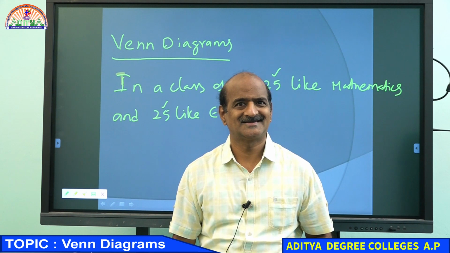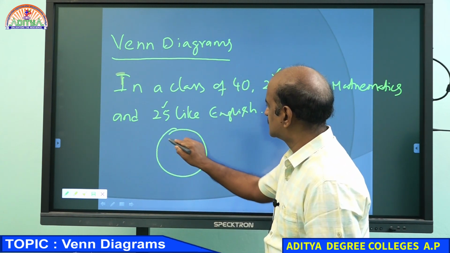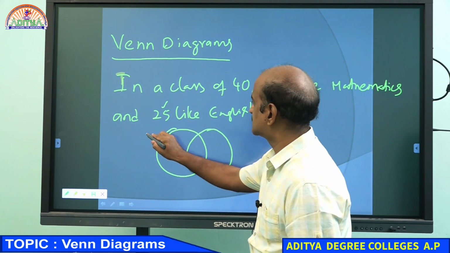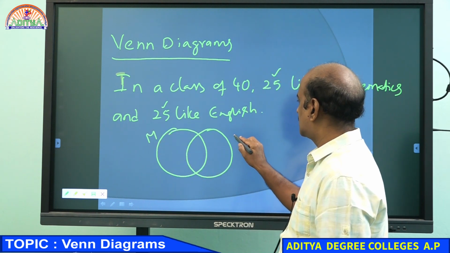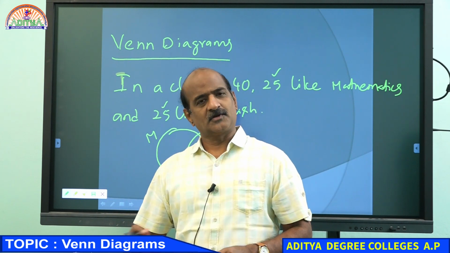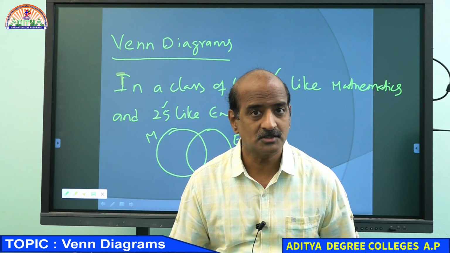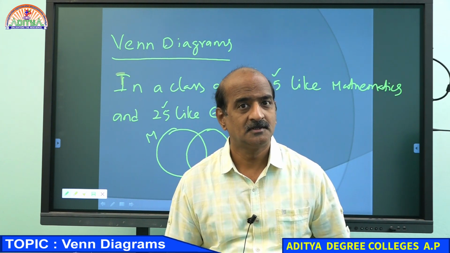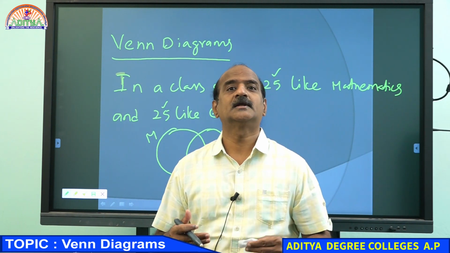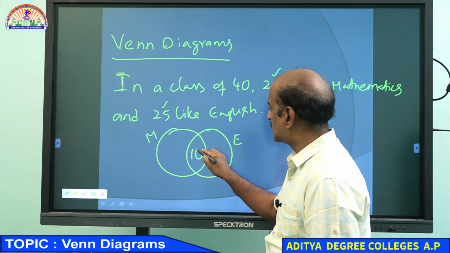I hope you understand this, students. In such a scenario, we make use of logical Venn diagrams. This is the set of people who like mathematics and this is the set of people who like English. 25 and 25 is 50, but we have only 40 people, so how many additional do we get? We get 10 additional, and those 10 people should be taken in the common area.